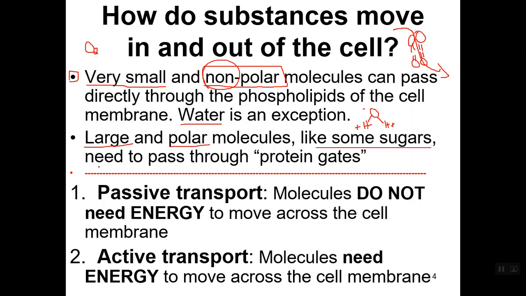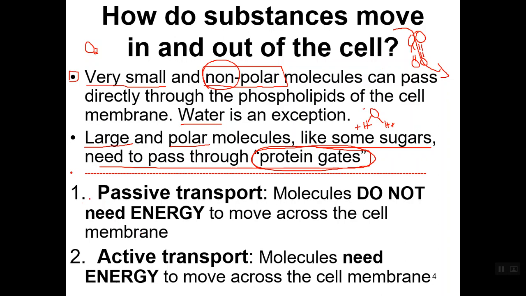So in that case, you're going to pass through what are called protein gates or protein channels, and I'll show you that now. All right. And you are responsible for knowing the characteristics of things that move through the membrane. So you should know that small nonpolar molecules can go directly through this bilayer, whereas larger polar molecules are too big and too polar and they need help. You do need to know that.